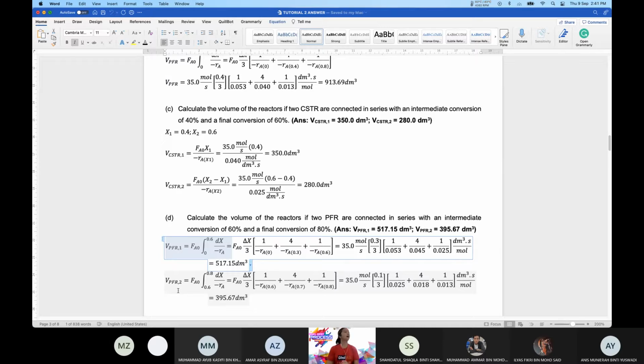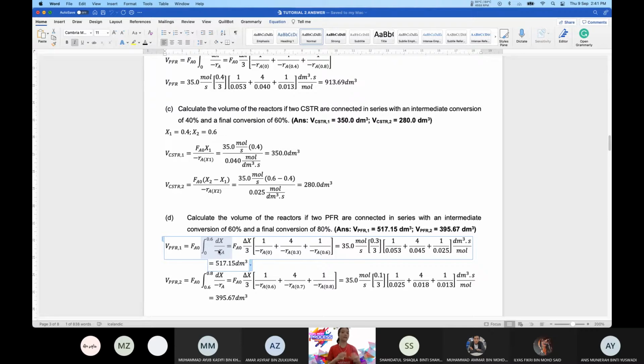Then don't forget sebab kan part integral ni kita nak solve, kamu ingat kan dalam level sphere plot dia adalah luas di bawah plot. So when it's the area under the curve, okay, area under the curve, we will use a Simpson one-third rule to measure it sebab it not so as straightforward.